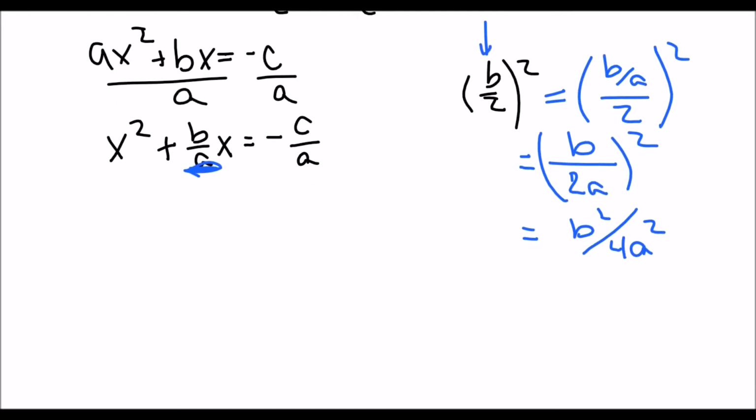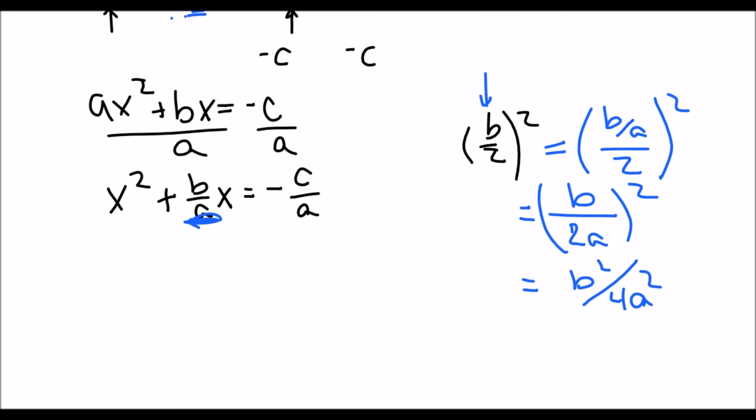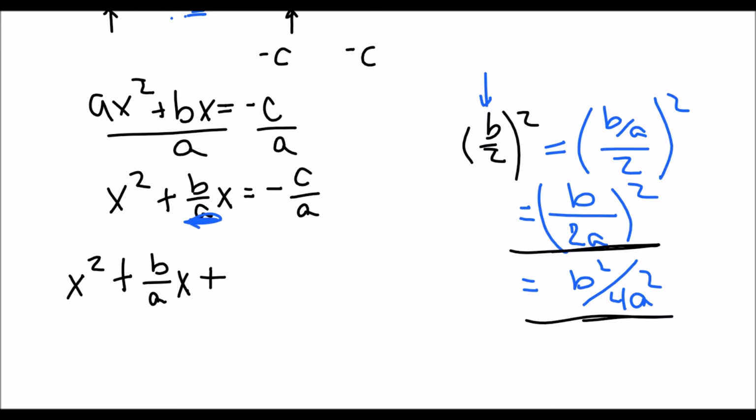So let's plug those into the equation. We're going to get x squared plus b over a x, and then we're going to add this term in. We can use either form. Personally, what I think is simpler and makes my life easier is to plug in on this side the way it's written, and on the other side plug in the other way.